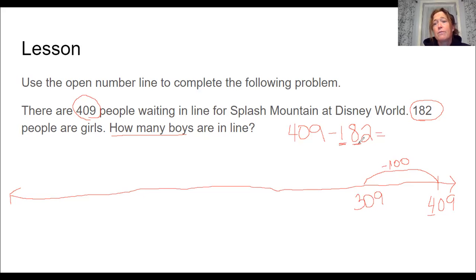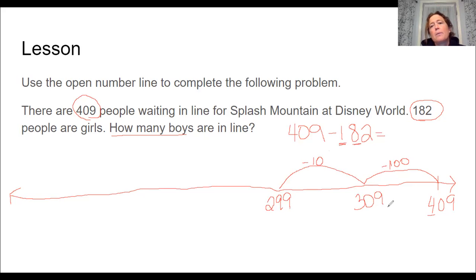So what we're going to do first is subtract 10. From 309, subtracting 10, I get 299, right? Because if I add 10 to this, it's 309.